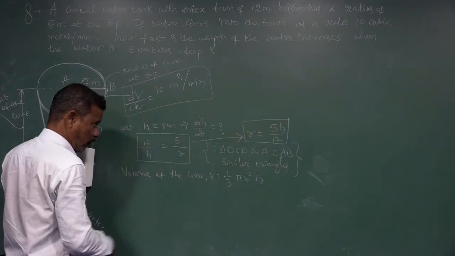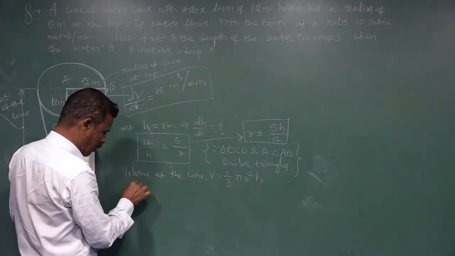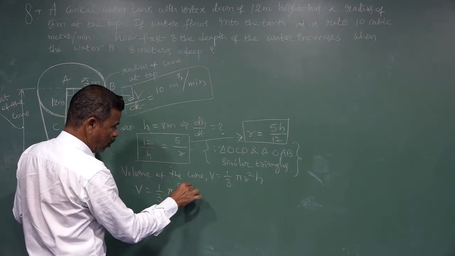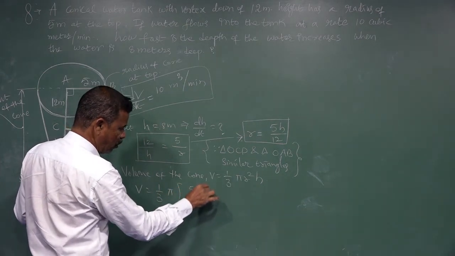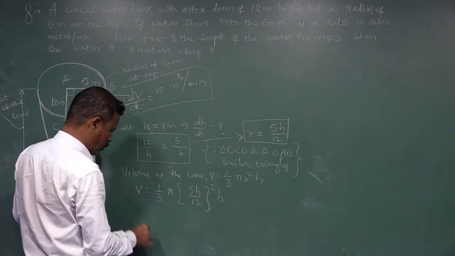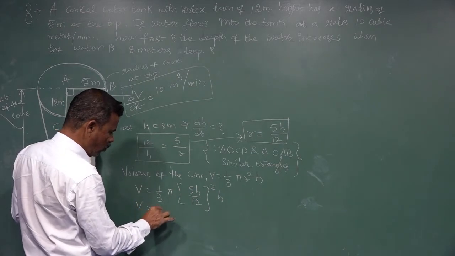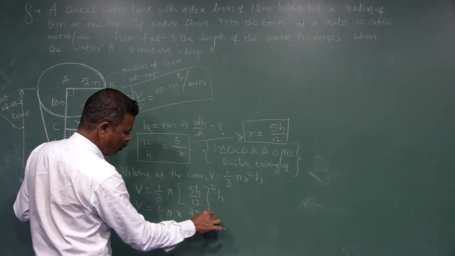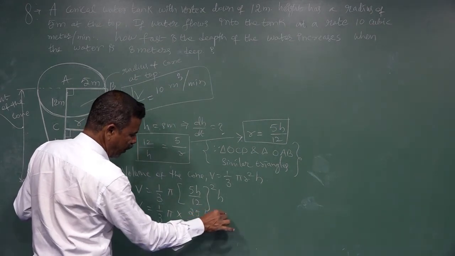So this r value is substituted here. V is equal to 1 by 3 pi r square h, so 5h by 12 whole square into h. Next, V is equal to 1 by 3 pi times 25 h square by 144 into h.